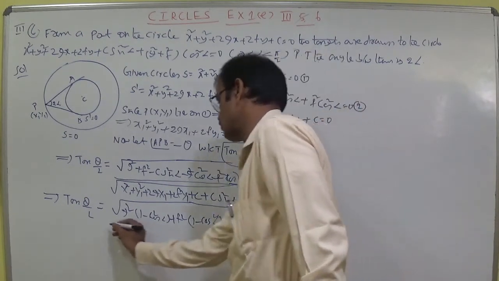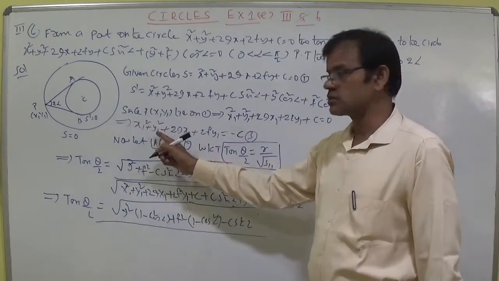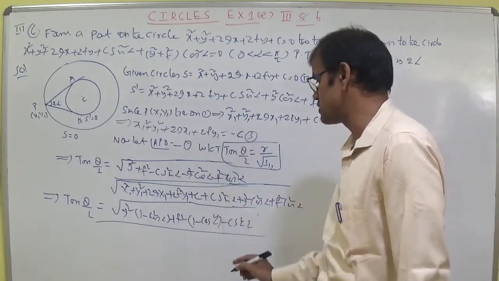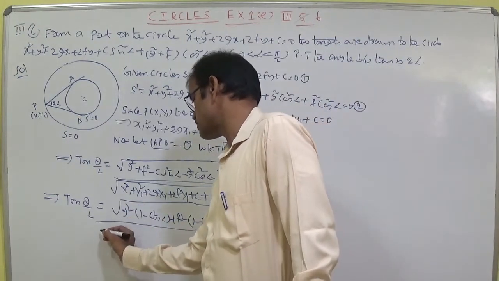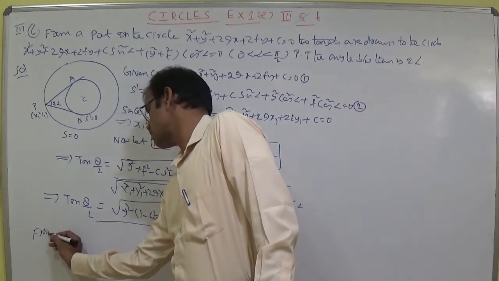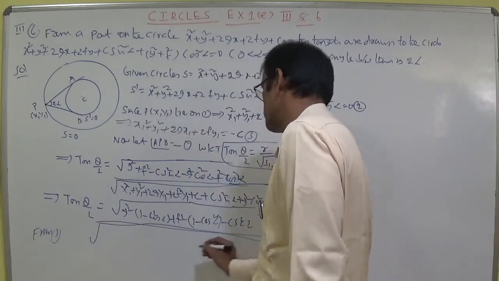Minus c sin square alpha, whole by, here in 3 we put the equation x1 square plus y1 square plus 2gx1 plus 2fy1 plus c equal to 0, so it is minus c. So instead of x1 square plus y1 square plus 2gx1 plus 2fy1, from 3 I am writing minus c.